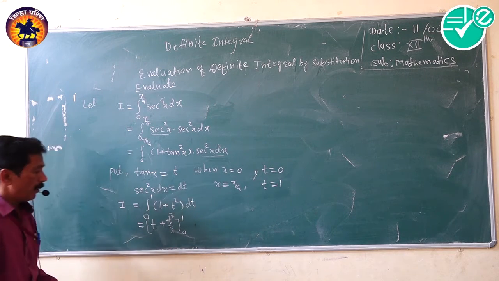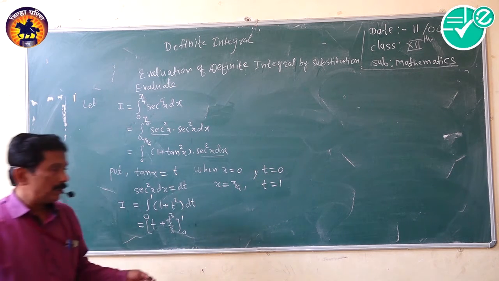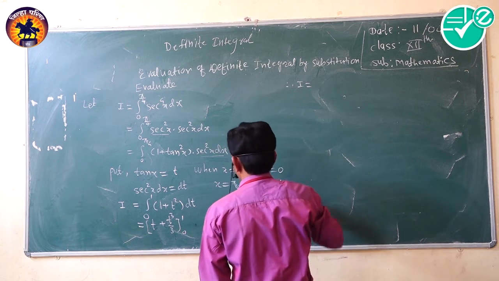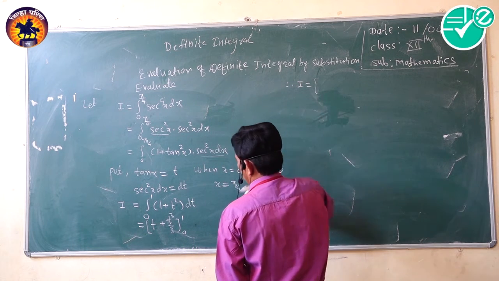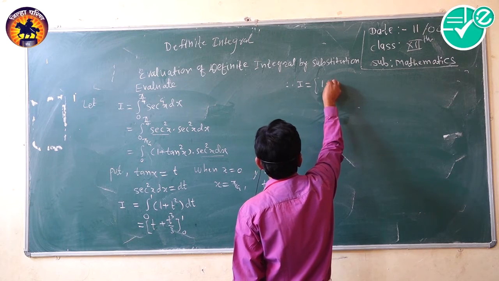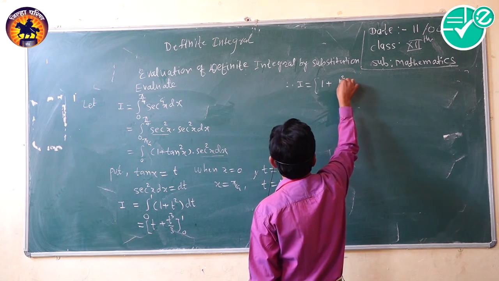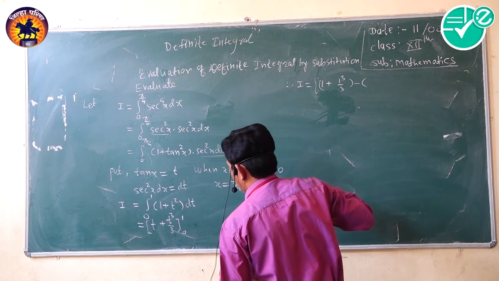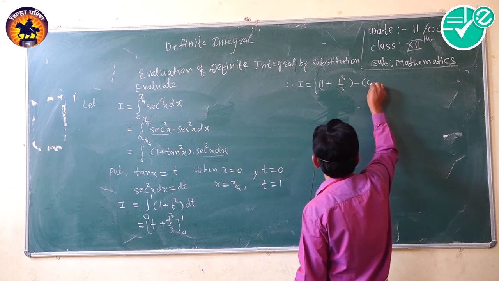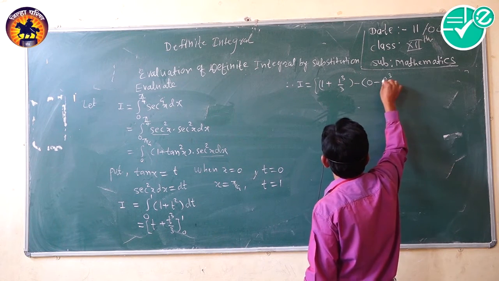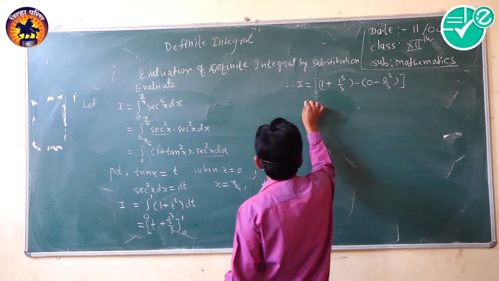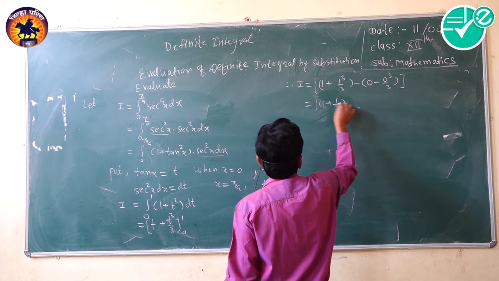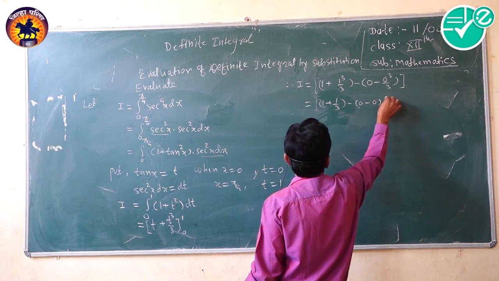0 to 1. Now substituting these limits, therefore I is equal to upper limit value of t is 1, plus 1 cube by 3, taking lower limit value of t is equal to 0, minus 0 cube by 3, and that is nothing but 1 plus 1 by 3 minus 0 minus 0.